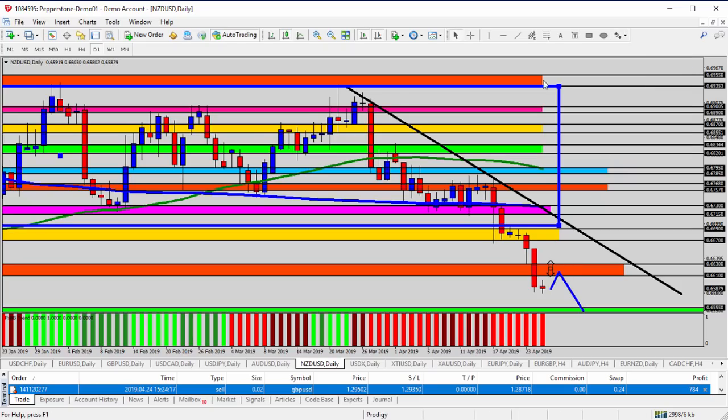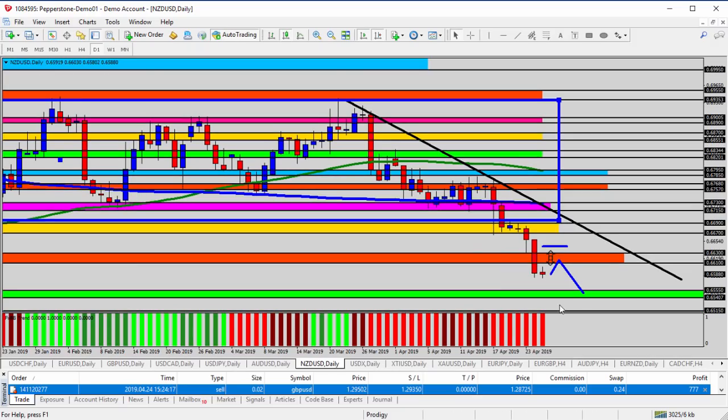So our stop loss is going to be above the orange zone if we get into a short. Letting the market rally back and retest that orange zone as resistance gives us lower risk, because our stop loss becomes smaller. If you sell it now, the stop loss is really large. If you sell it at the orange zone, the stop loss is smaller. That's about as easy as we can make it.